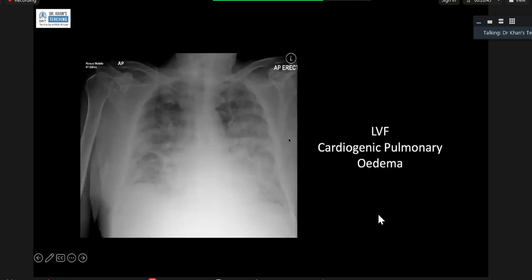Okay. Again, another case of cardiogenic pulmonary edema, where you can see there is an alveolar pattern, and you probably are not able to see very clearly, probably a peripheral interstitial pattern as well. So again, sometimes with ITU X-rays, patients admitted in the intensive care unit, it's very difficult to interpret them. First of all, the most important factor that causes difficulty is technical factors.